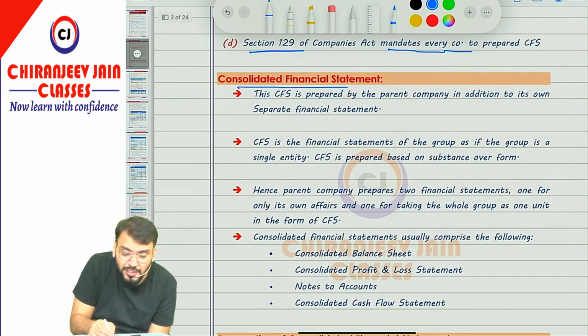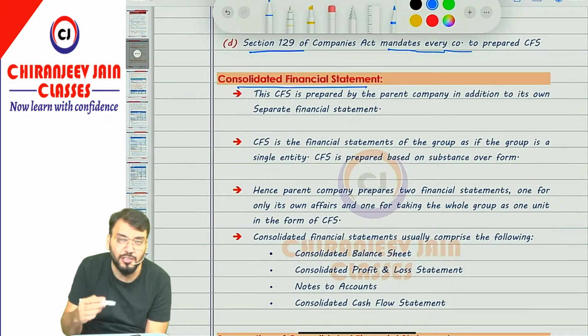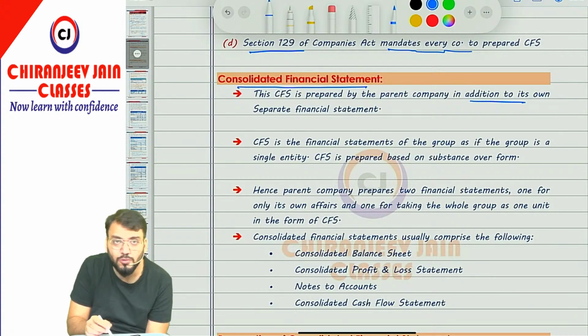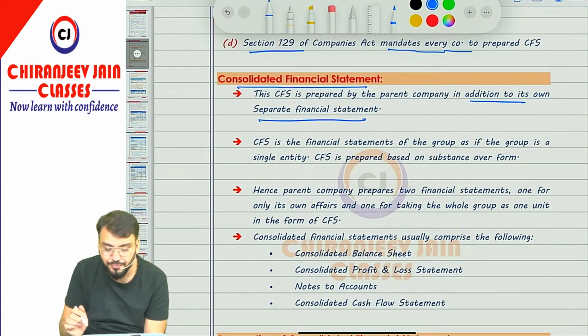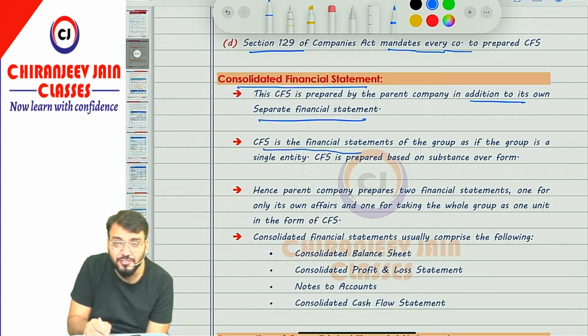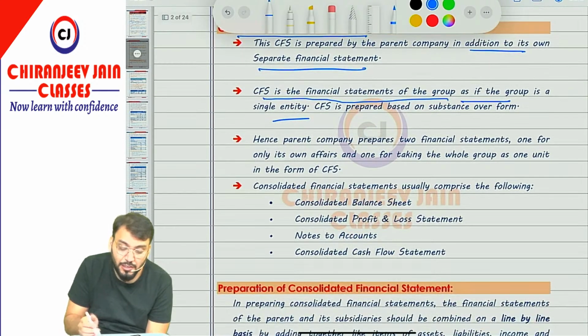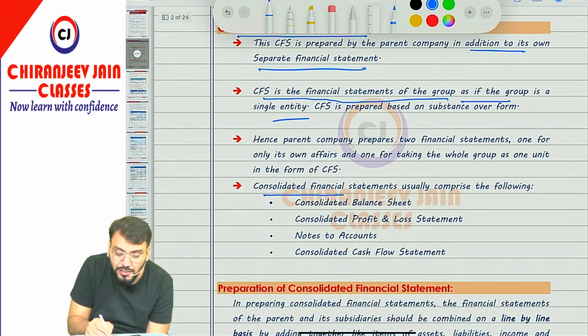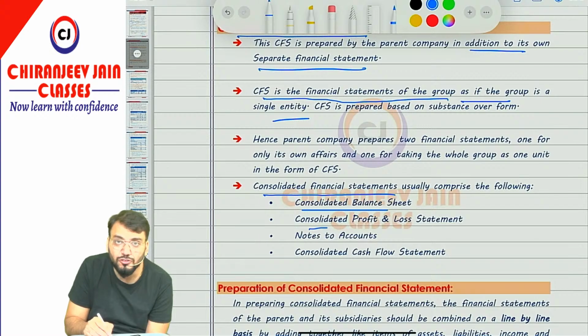Now, I hope you have understood that the CFS is prepared by the parent company in addition to its own separate financial statement. The CFS is the financial statement of the group, as if the group companies were a single entity. Correct? When preparing consolidated financial statements, they include the consolidated balance sheet, consolidated P&L account, consolidated notes to accounts, and consolidated cash flow statement.